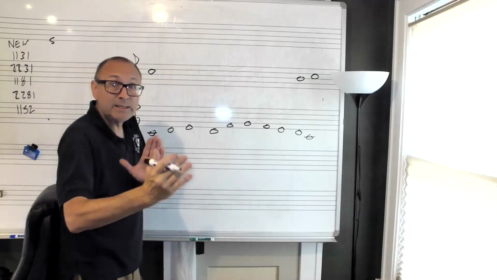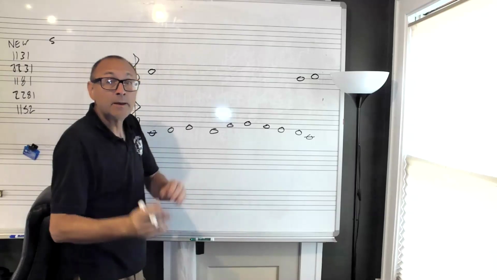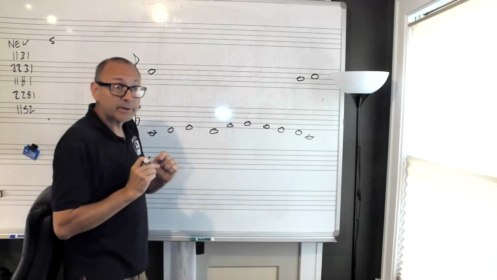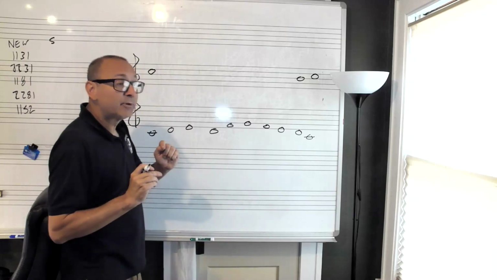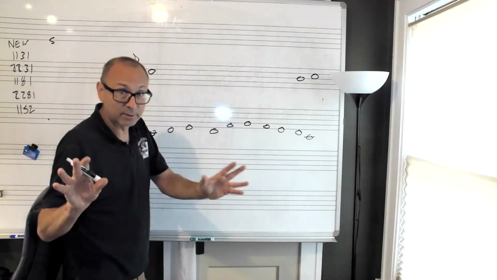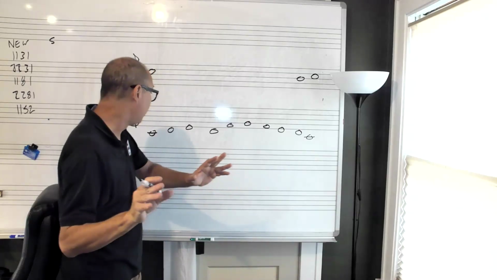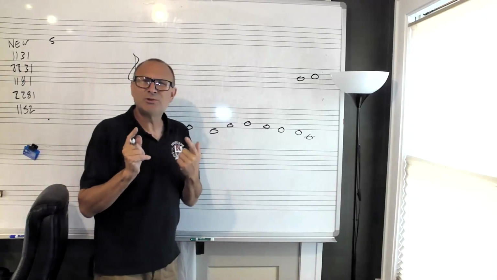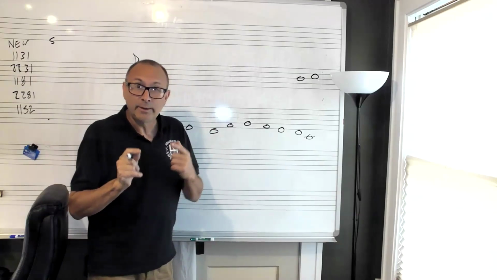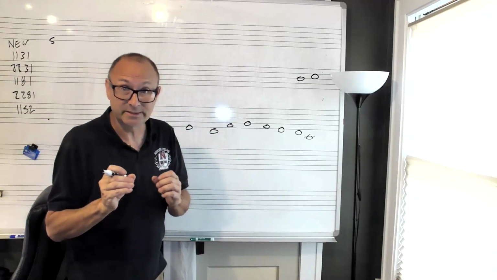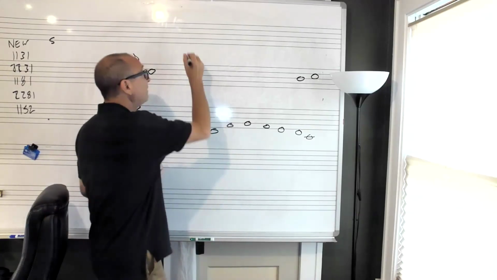Now, as you proceed through this exercise, the only thing you have to remember is that you can't have parallel fifths, parallel octaves, parallel unisons. I think we've got that cleared up, right? But then there are some of those tricky little rules. When it comes to imperfect consonances, what are imperfect consonances?